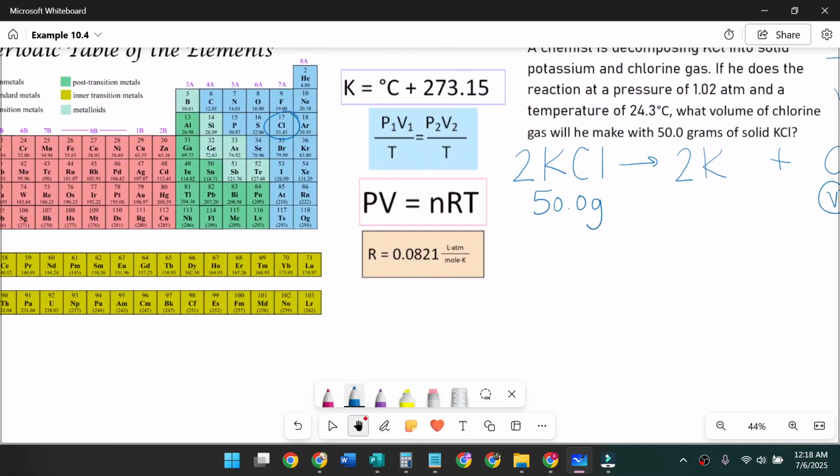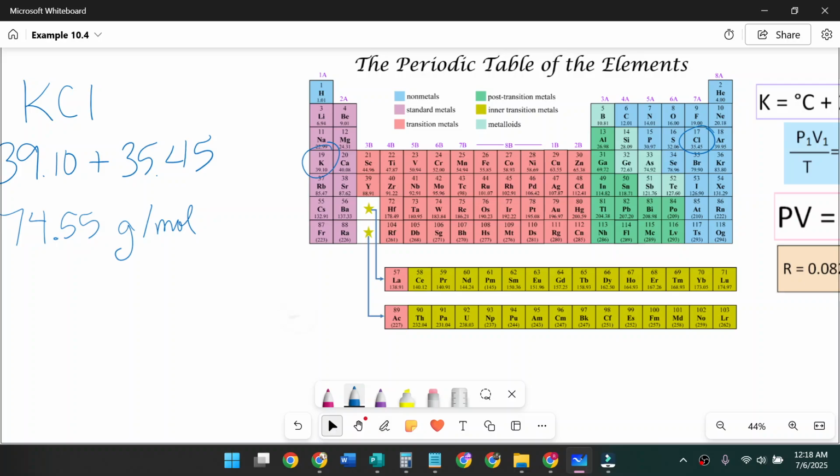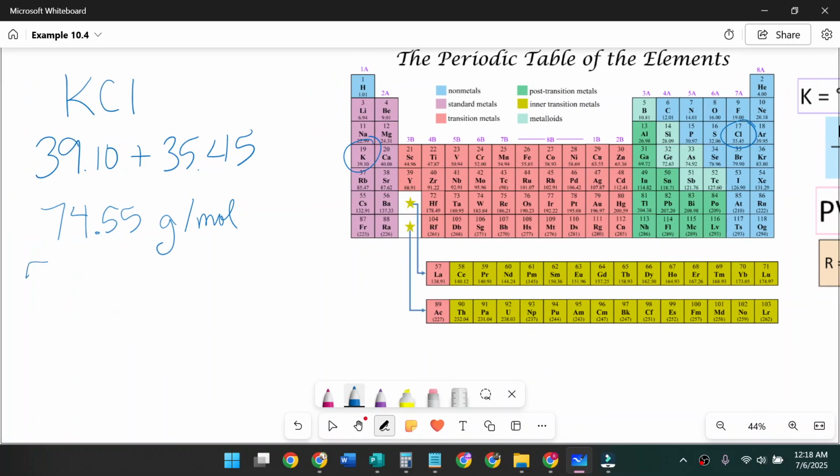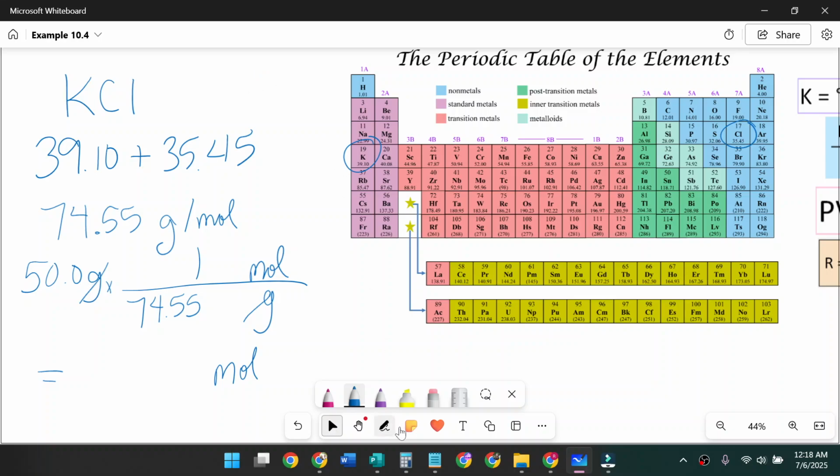So if we have 50 grams, let's go ahead and convert it over here. So if we have 50 grams, and we line up our numbers right, 1 mole, 74.55. This will tell us how many moles of calcium chloride, I don't know why I keep calling it calcium, potassium chloride that we have.